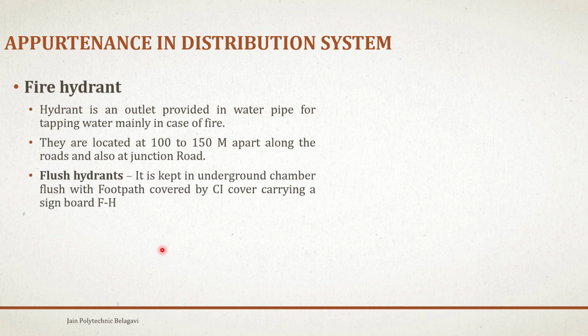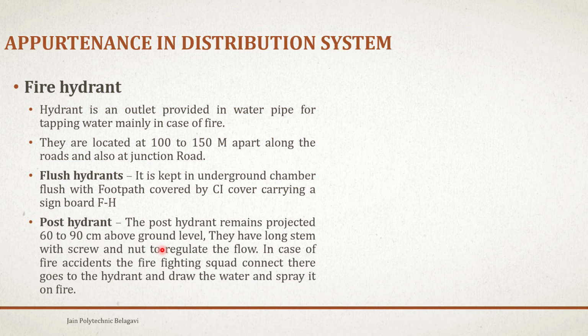Flush hydrants are kept in an underground chamber, flush with the footpath, covered by a CI cover carrying a sign board FH. The post hydrant remains projected 60 to 90 centimeters above ground level.